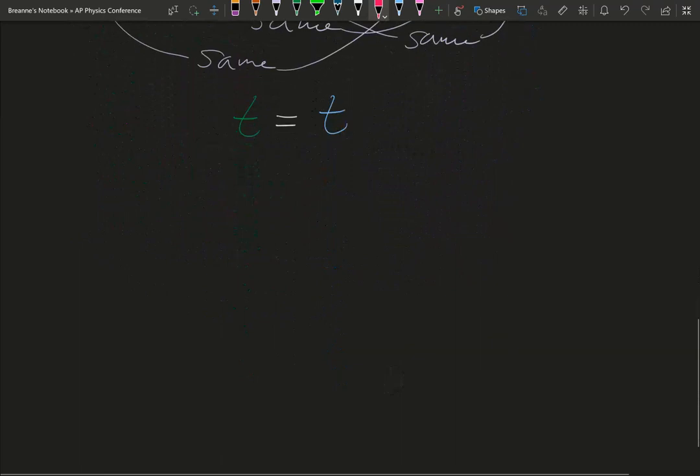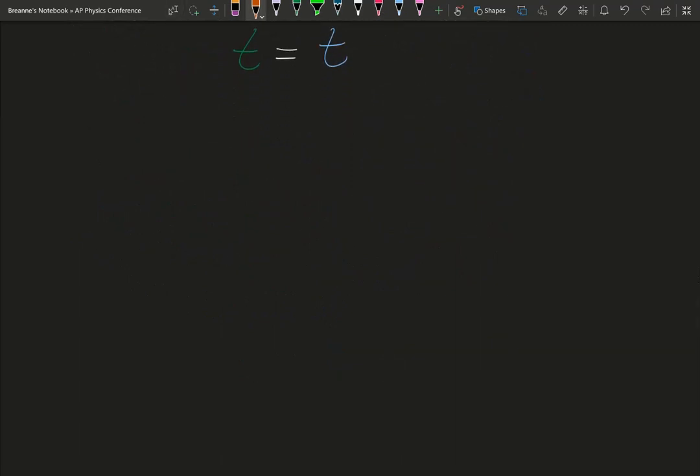So now let's go to student 2 and see what they say. Student 2 states, rocket Y will have the same maximum vertical displacement as rocket X because both rockets have the same kinetic energy. Since both rockets will have the same maximum vertical displacement, I predict that it will take both rockets the same amount of time to reach the ground.